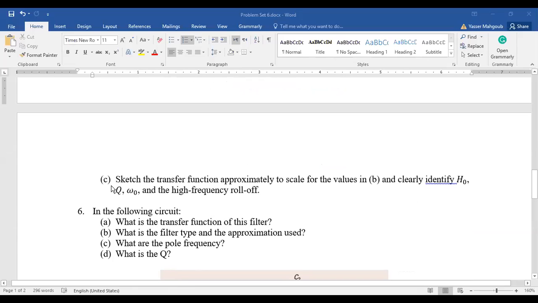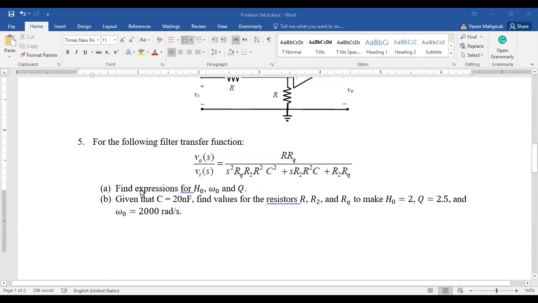And the third part is to sketch the transfer function. This is a low-pass filter, right? We said this is a low-pass filter. Does it have a peak value or not, based on the values here for this part B?